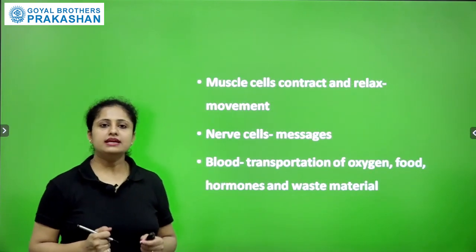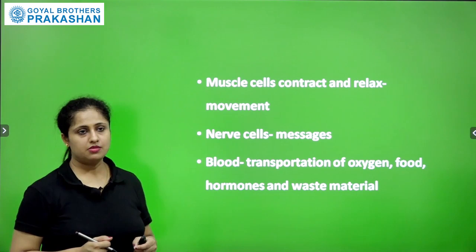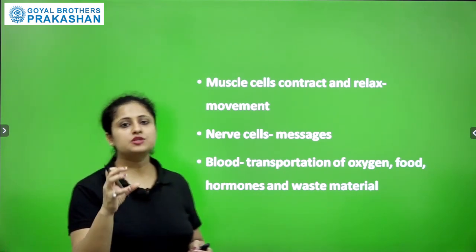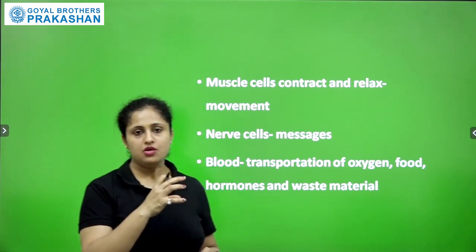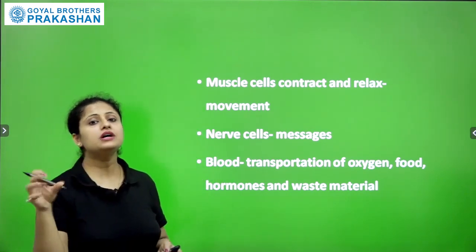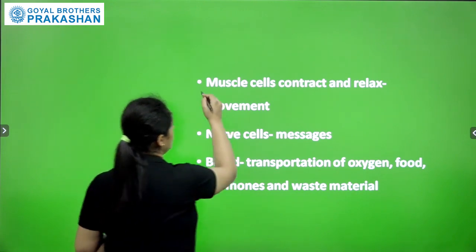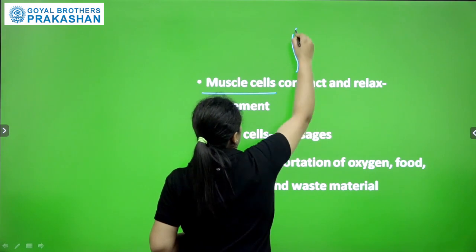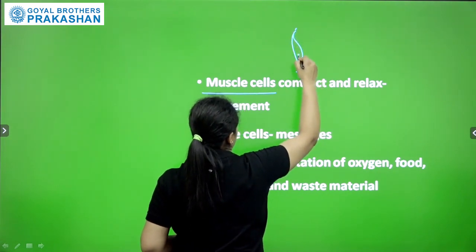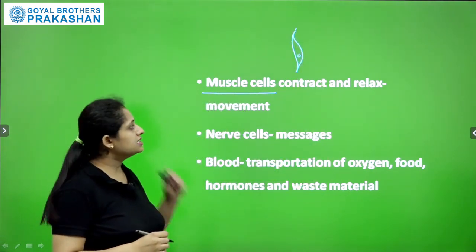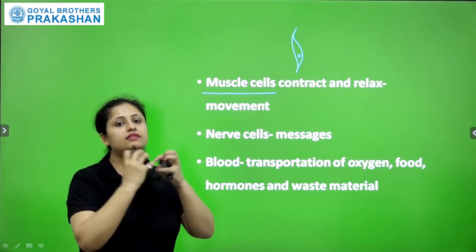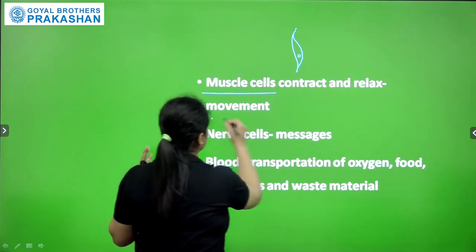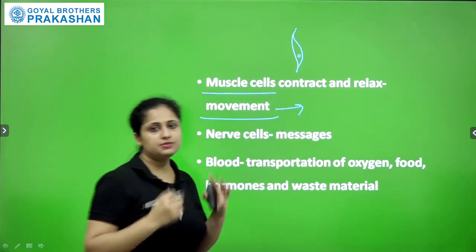Now, there are many examples in our body with the help of which we can get to know that various shapes of the cells are there which depict the specific functions. For example, in our body, the muscle cells are spindle shaped like this. These muscle cells contract and relax, because of which movement is possible.